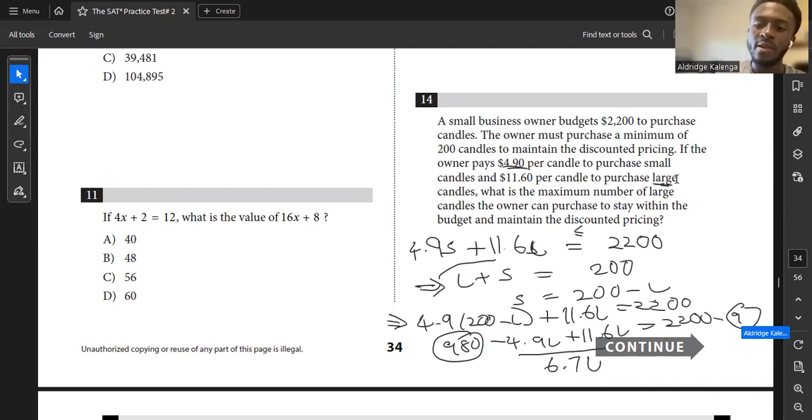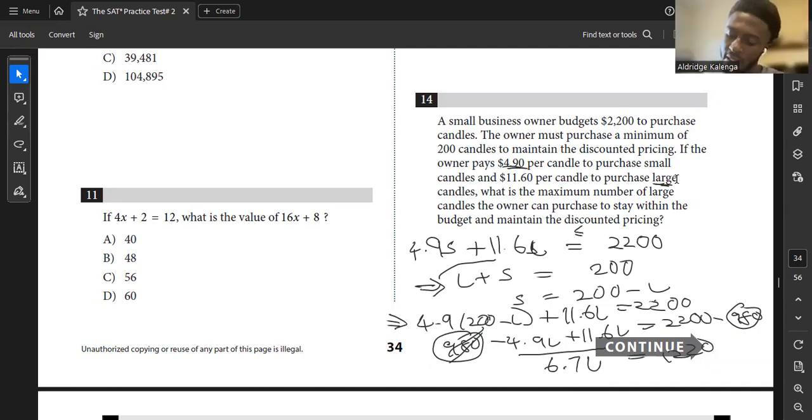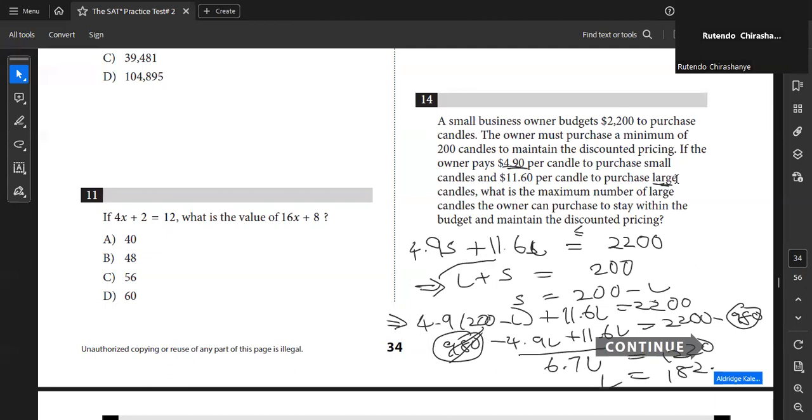We have 2,200 minus 980, which is 1220. So 1220 divided by 6.7 to find our L value is going to be 182.08 something.